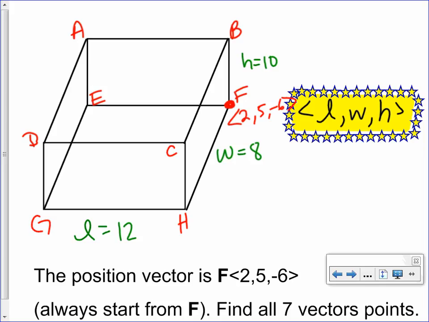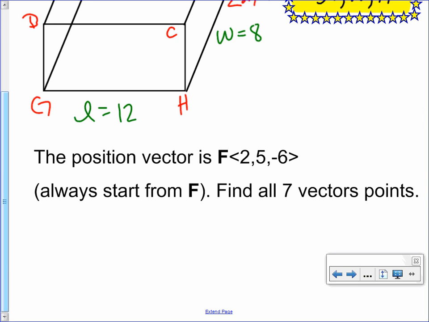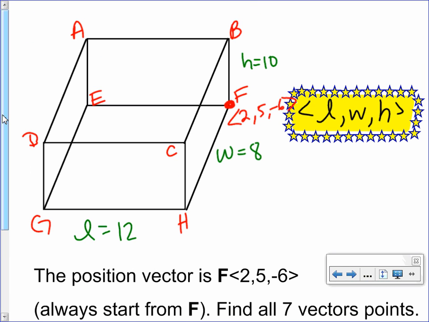There it is. Once you do that, you go from here to here, then here to here, and your resulting vector is this, the resulting vector to get to A.